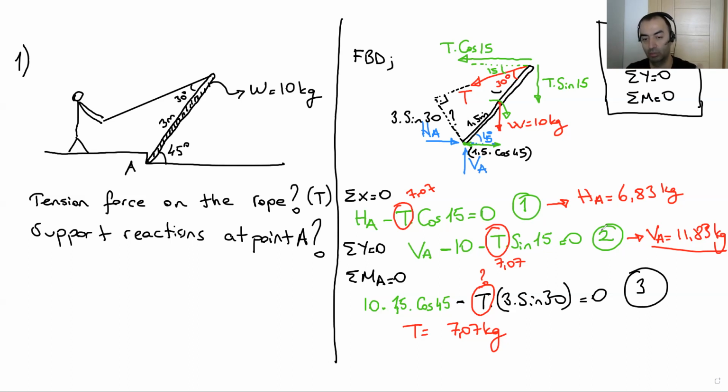Take a look here: 3 equations, 3 unknowns. We solved one of them first, which is T. Then we put it in place in the other equations and solved them to get the results, HA and VA. That's the basic explanation of this question.